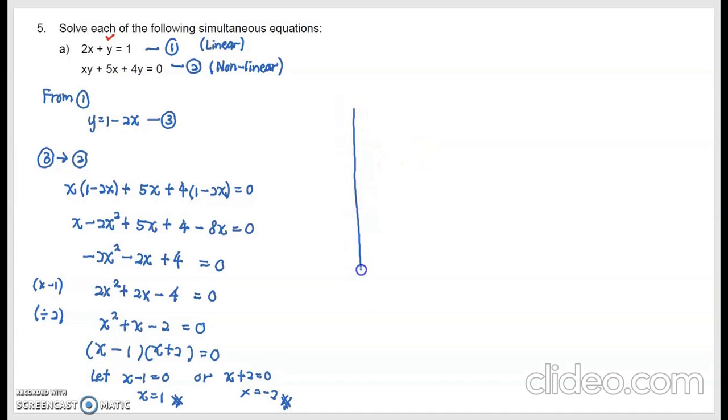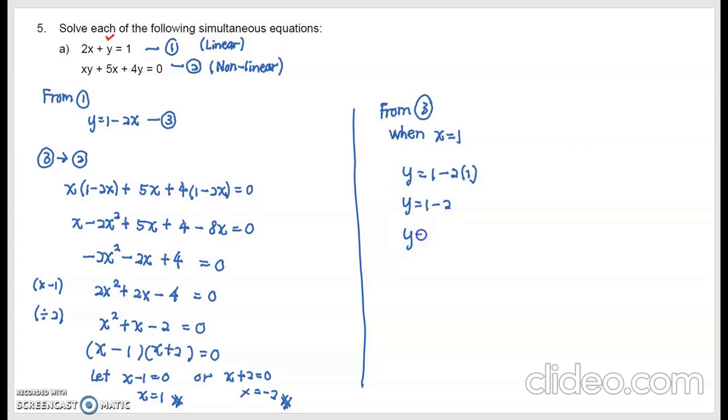So from this part, we have to find the value of y. So from equation 3, here is your equation 3. When x is equal to 1, my y will become 1 minus 2 times 1. So y is equal to 1 minus 2, so y is equal to negative 1.